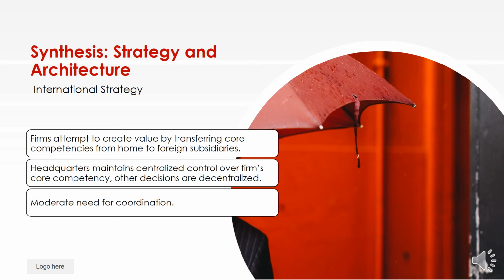Class, let's take a look at what we have in this slide. Here, we have synthesis of strategy and architecture for international strategy. Firms attempt to create value by transferring core competencies from home to foreign subsidiaries. Headquarters maintains centralized control over the firm's core competence. Other decisions are decentralized. International strategy has moderate needs for coordination.